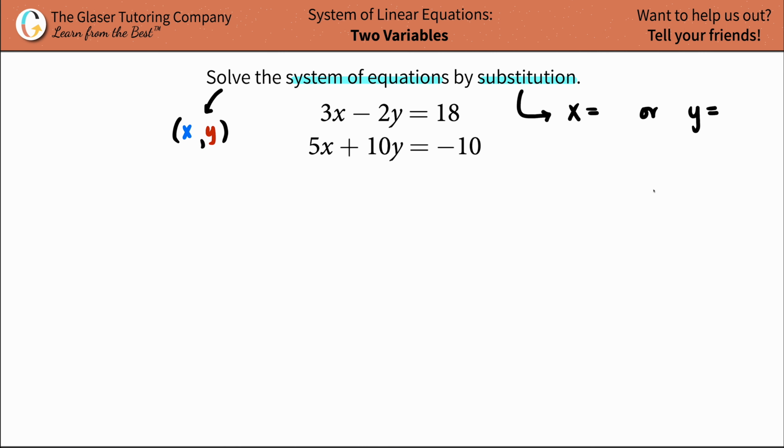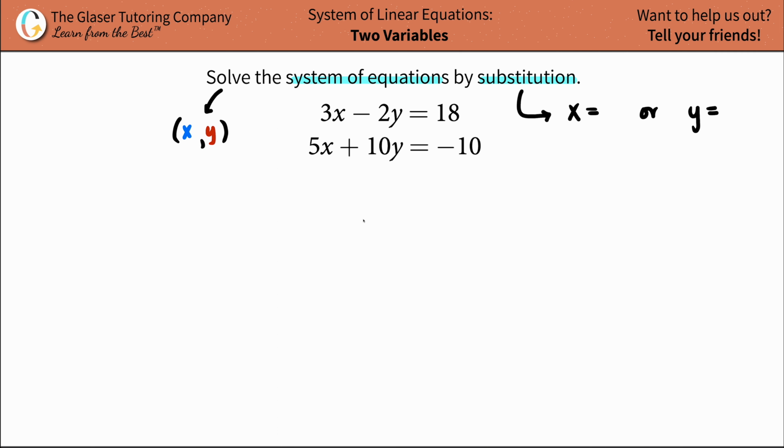In the grand scheme of things, it does not matter which one out of these four variables you change. I could have changed this 3x into x equals, or 2y into y equals, and the same for these. But there are little tips and tricks that I can tell you guys.